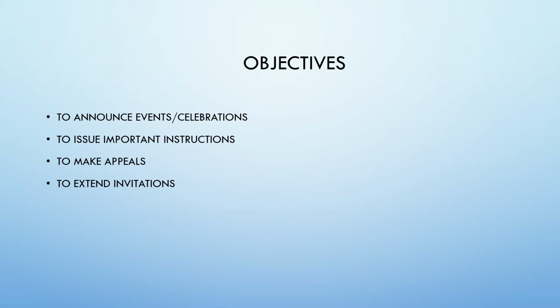Now, the second reason to take out a notice is when you want to issue some important instructions to a large number of people. That means you want to give some important instructions to a group of people, and so you write a notice and put it on the soft board.